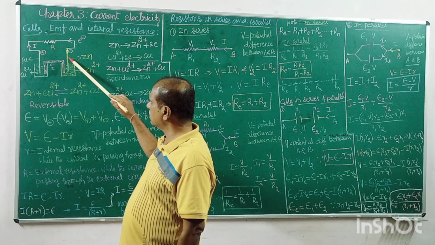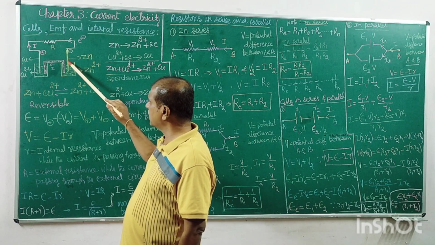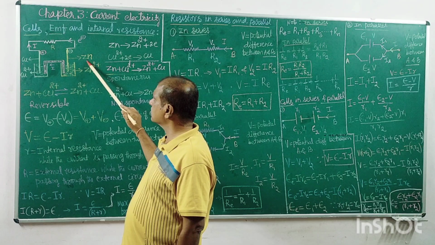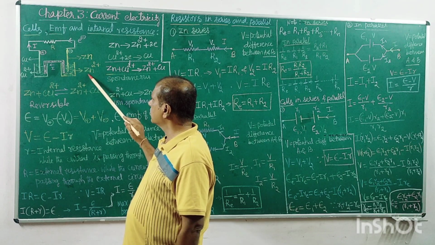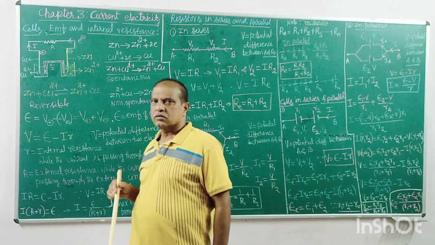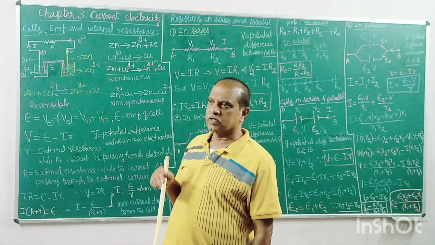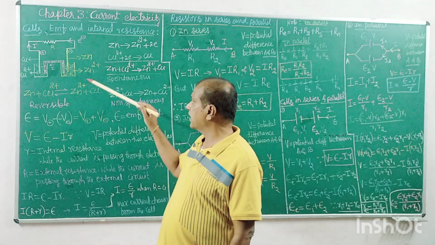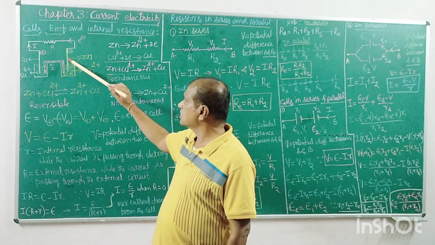Some atoms in the zinc metal ionize and become zinc ion. That is dissolution. The zinc metal dissolves. Zinc atom becomes zinc ion, leaving electrons on the metal.